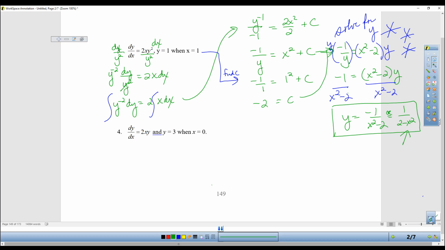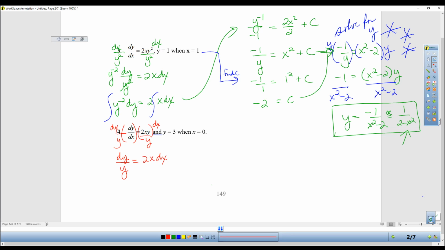Right? Number 4, I'm going to multiply both sides by dx. I see an x and a y in my equation, and I know I need to separate the variables. I have dy over y is equal to 2x dx.